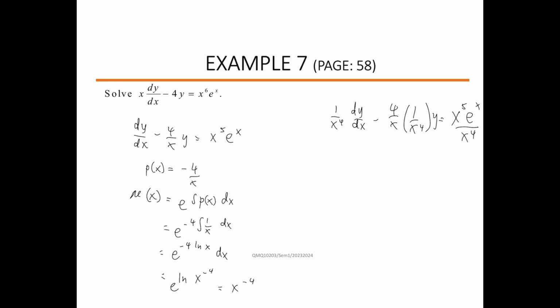Alright, so the left hand side will be d over dx of 1 over x to the power of 4 y. Right hand side will be x e^x.